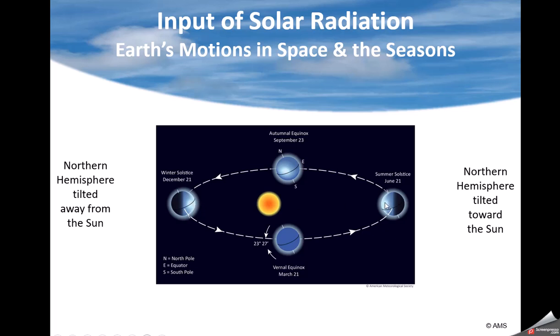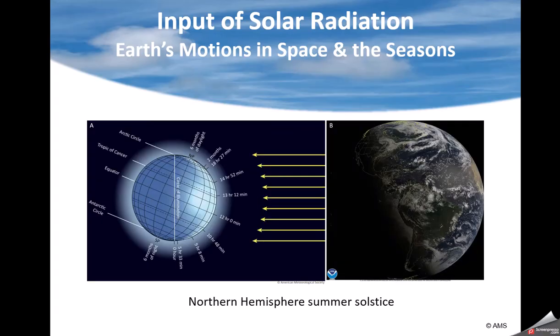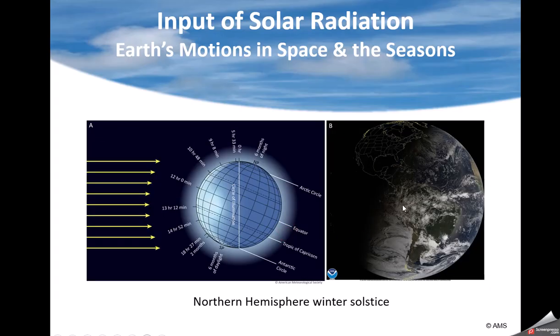In the summertime, our part of the earth is tilted more towards the sun. We're receiving more direct sunlight. And here you can see, literally, an angle of where the sun is hitting the earth. And here's the other opposite angle as well.